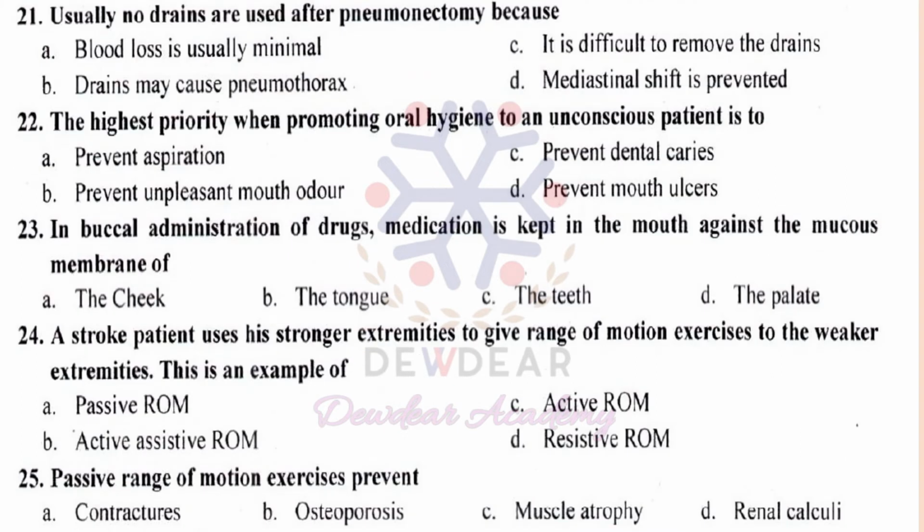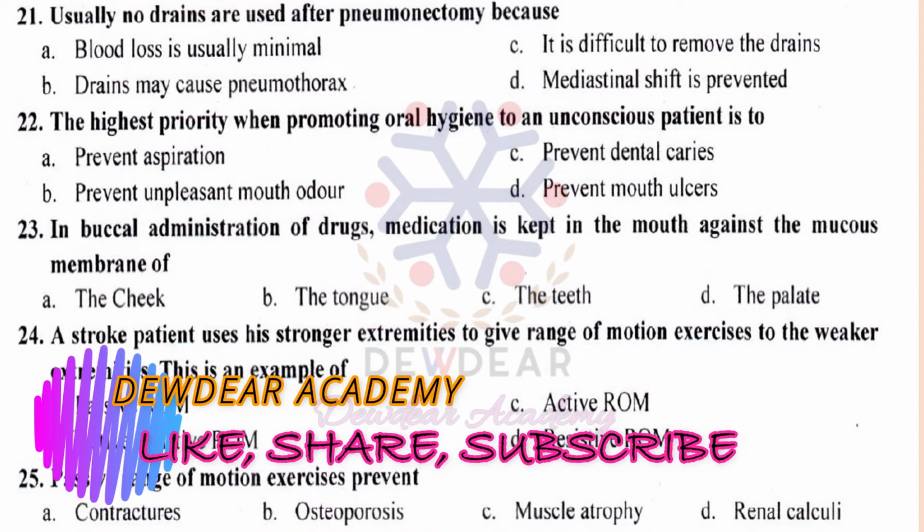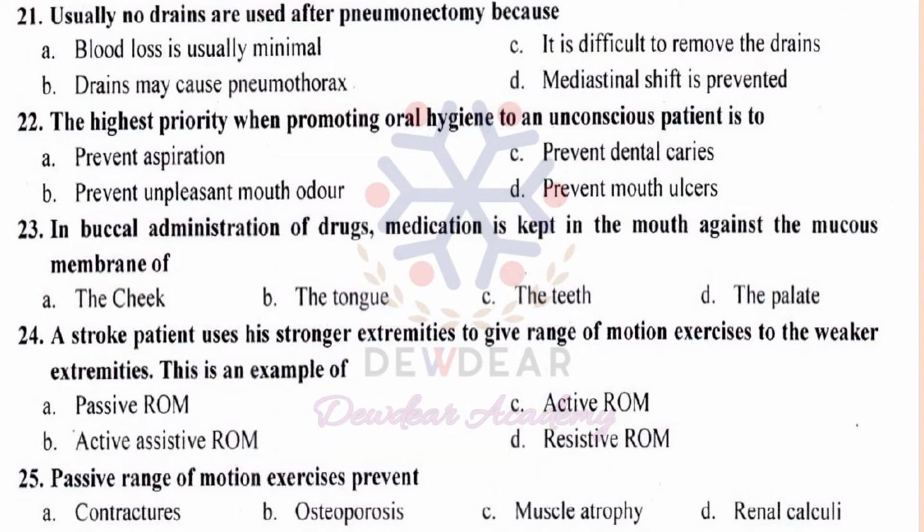Then next question. Usually no drains are used after pneumonectomy because options: blood loss is usually minimal, drains may cause pneumothorax, it is difficult to remove the drains, mediastinal shift is prevented. So the reason is that mediastinal shift can be prevented.